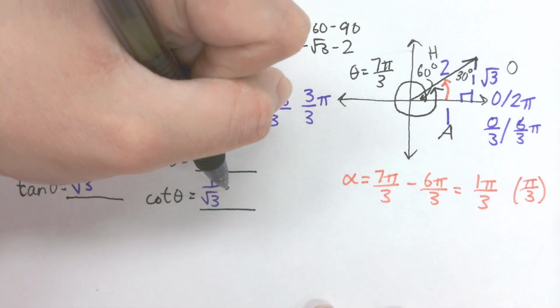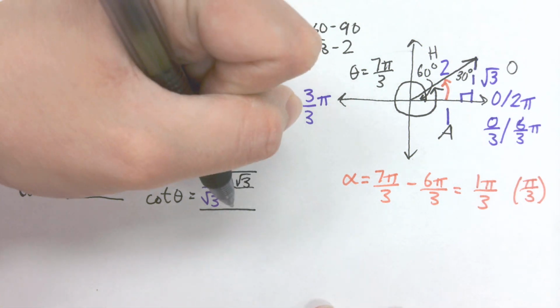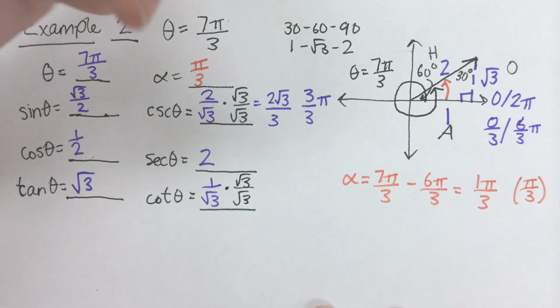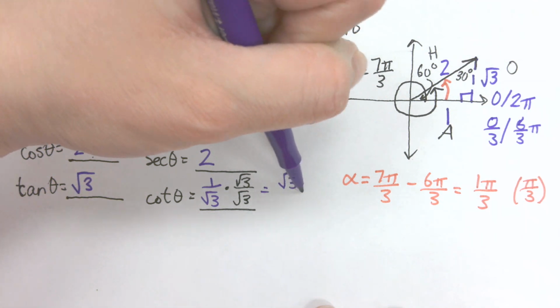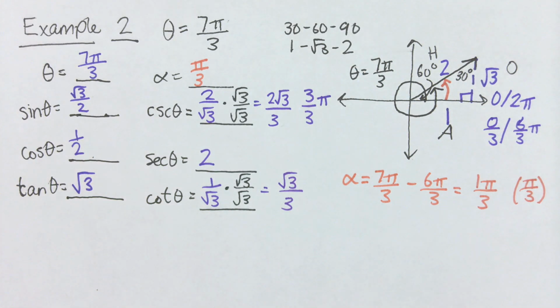Once again, we can't have that, so times rad 3 over rad 3. And we get rad 3 over just 3. And there you have it. Questions over that problem?